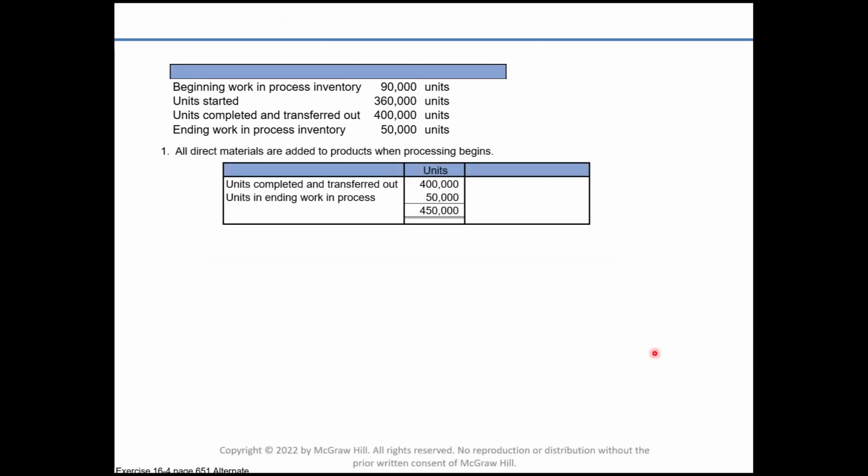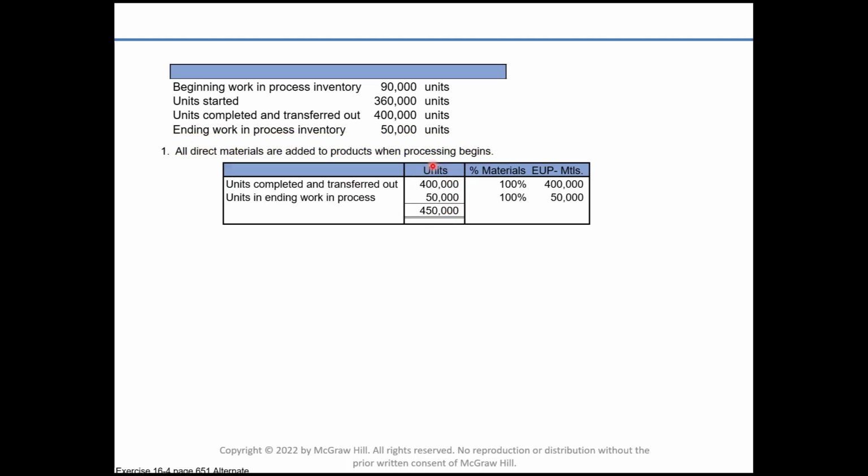So this scenario is where all materials are added at the beginning of the process. So this means every unit that they started working on or had already been working on, so they were in beginning inventory, every single unit has 100% of the materials added. So we're looking at the units completed and transferred out and the ending inventory units.